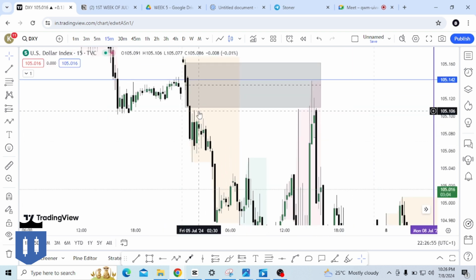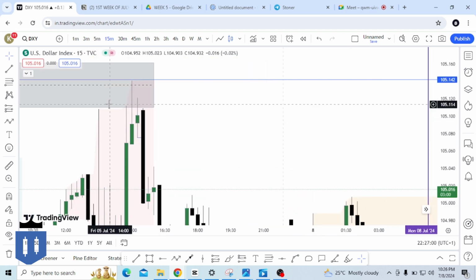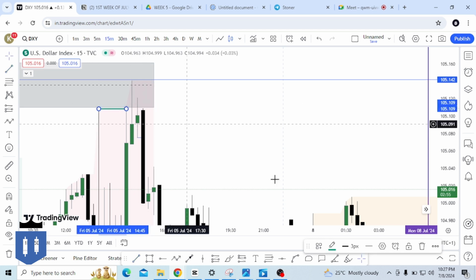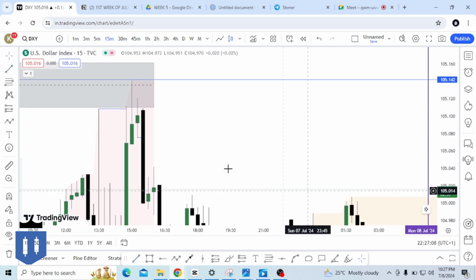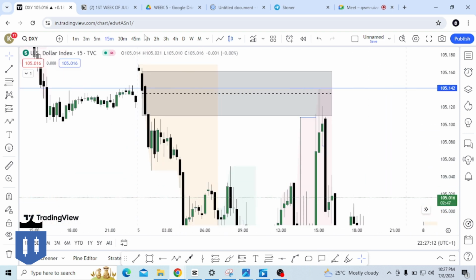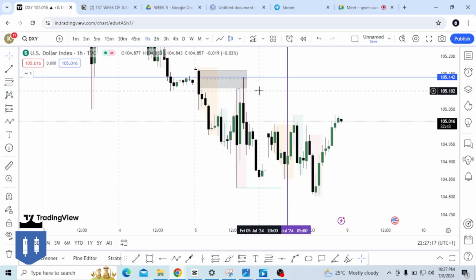On the 15, you consider this as a liquidity sweep because it went above this high. So it's a mitigation, right? It's a mitigation that is across multiple time frames. When you see things like this, just know that that particular thing is very, very strong.